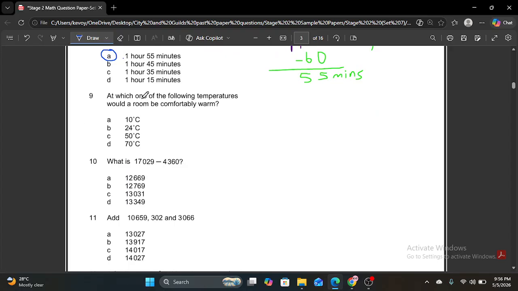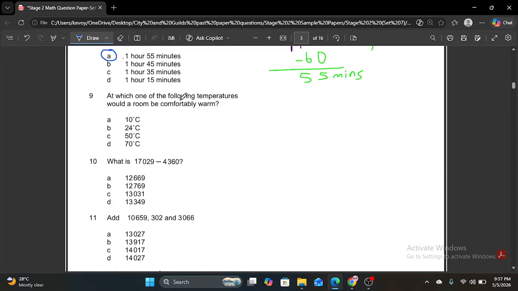Which one of the following temperatures would be comfortably warm for a room? Okay, so water boils at 100 degrees Celsius. So 70 is definitely out.